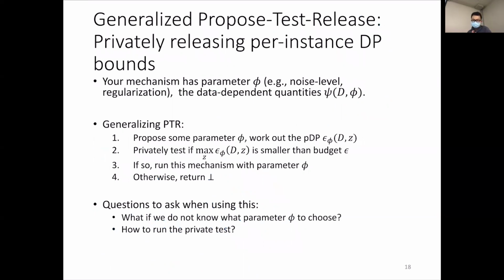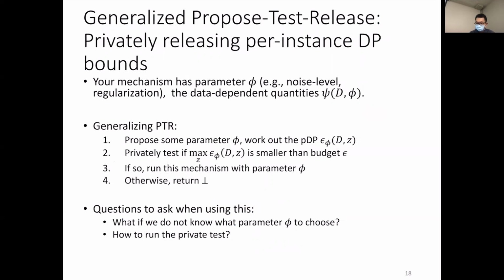A lot of this is still ongoing work, but instead of proposing some upper bound beta of the local sensitivity, you can just propose some fixed parameter of interest. In the previous example, these are the gamma and lambda parameters from the posterior sampling algorithm, and for output perturbation, they are the sigma and lambda parameters.